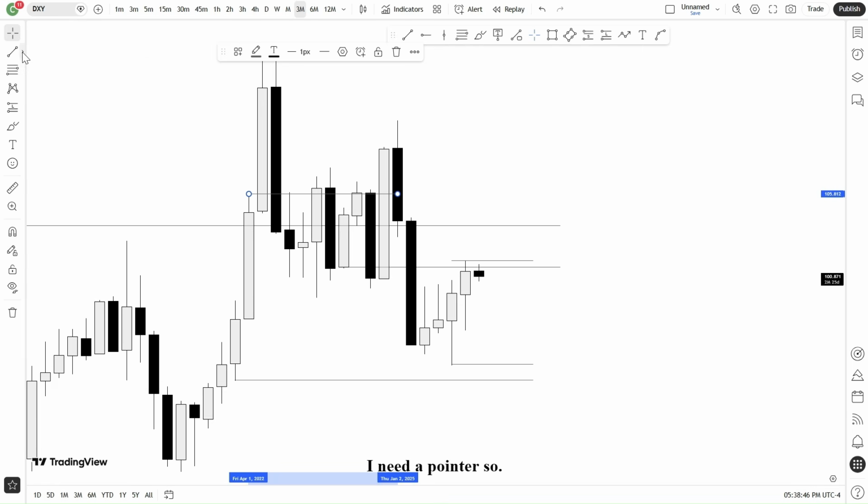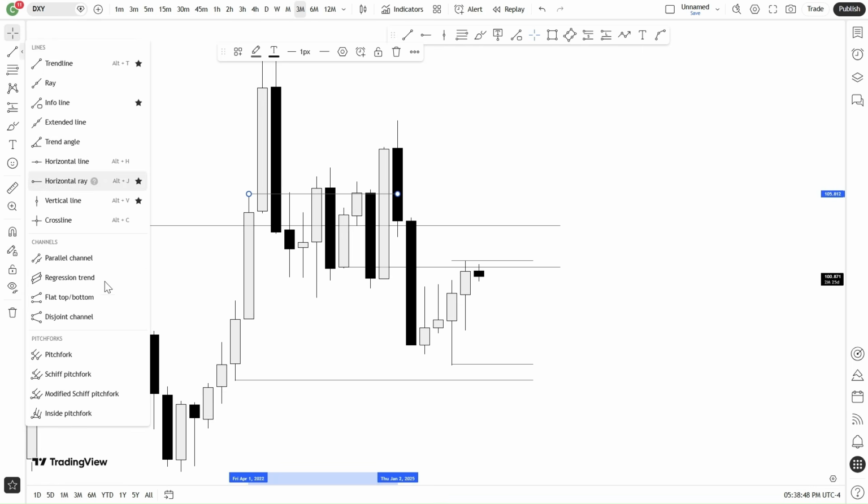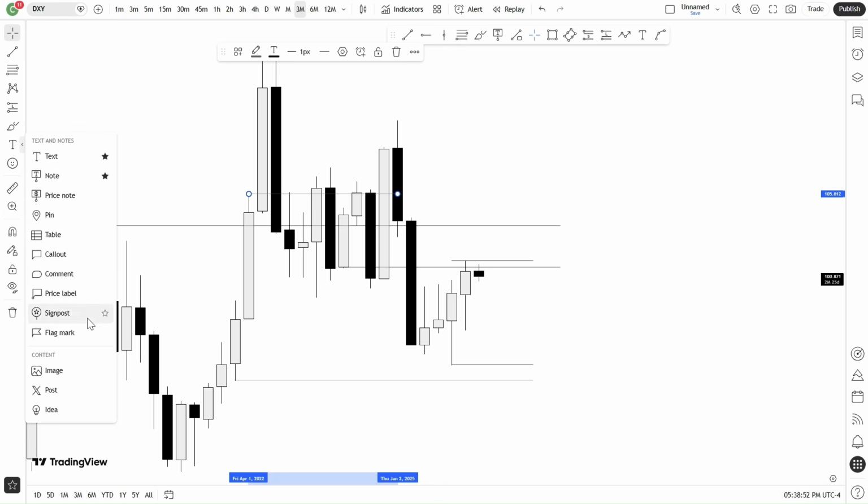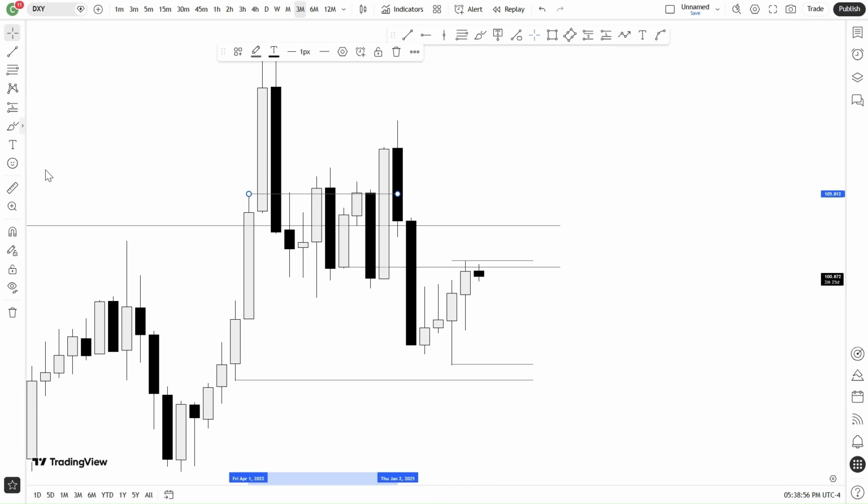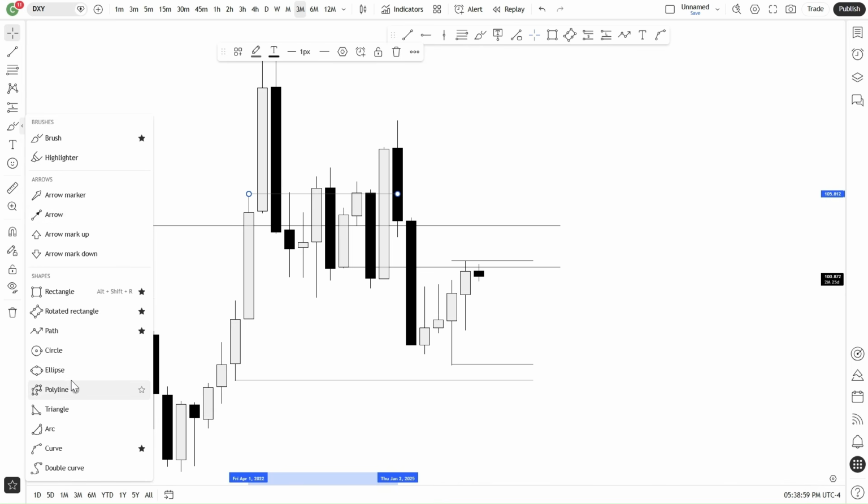I need a pointer. So let me look for it. It's supposed to be here. The pointer is supposed to be here.